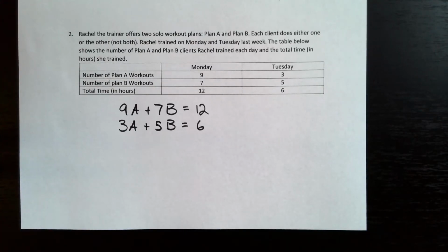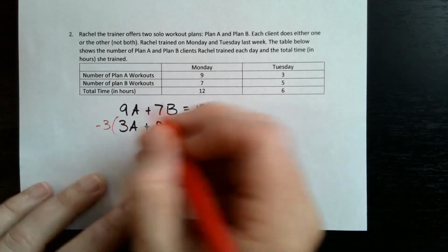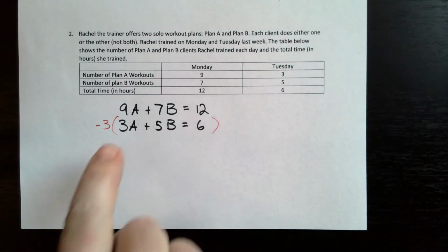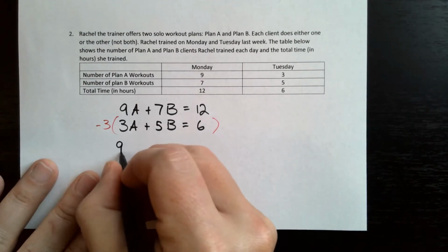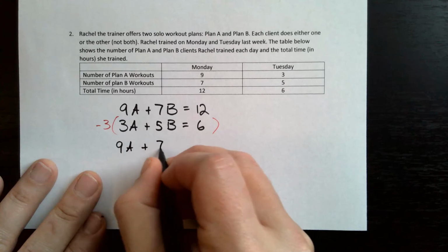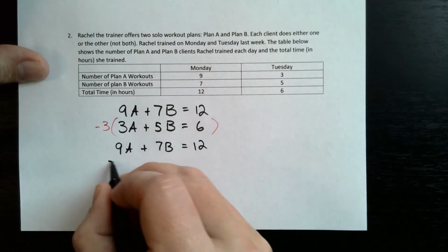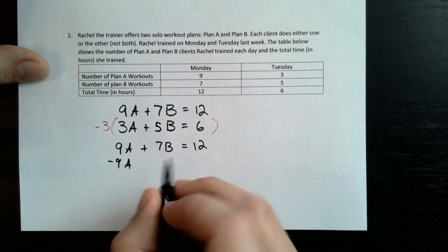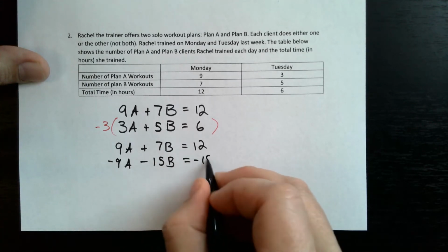Again, we're going to do elimination this time. It looks like the A is easy to get rid of, so I'll multiply this by -3 so that when I multiply and add, the A term goes away. So the top doesn't change: 9A plus 7B equals 12. The bottom one becomes -9A minus 15B equals -18.